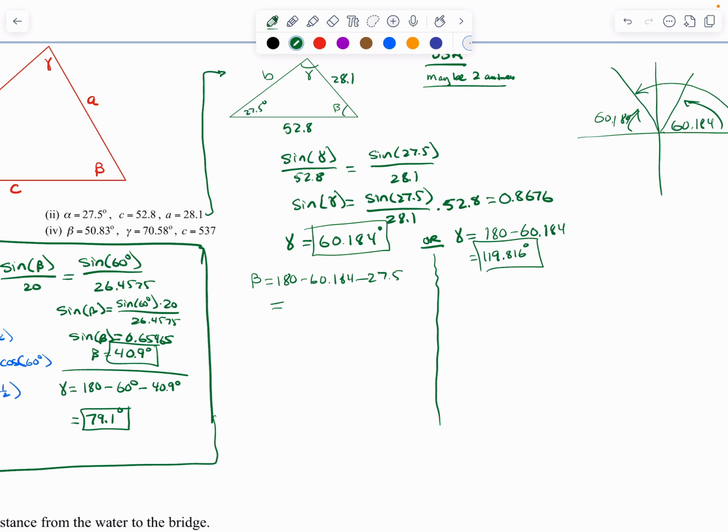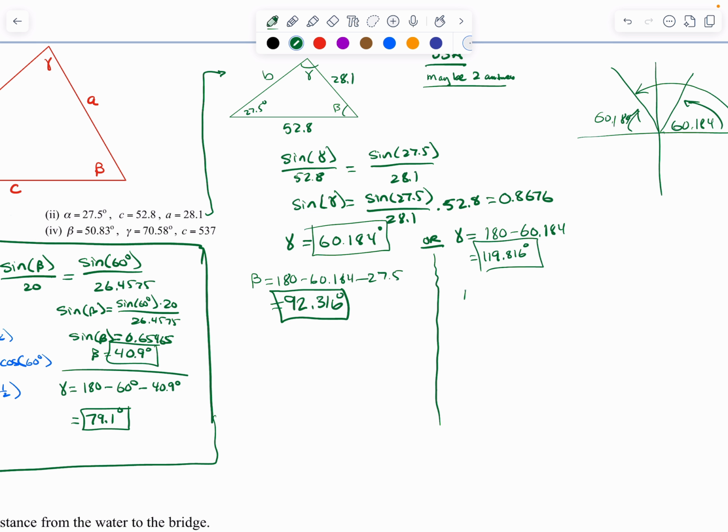Oh, I'm dividing. Crud. One more try. Minus 60.184 minus 27.5. Whew, 92.316. Okay, so that's beta.